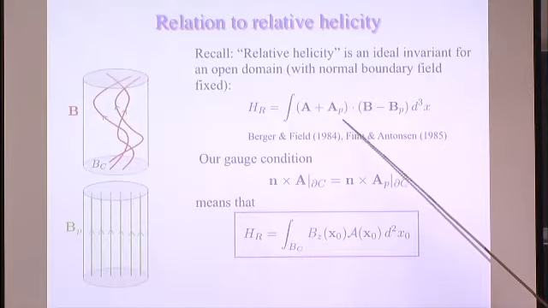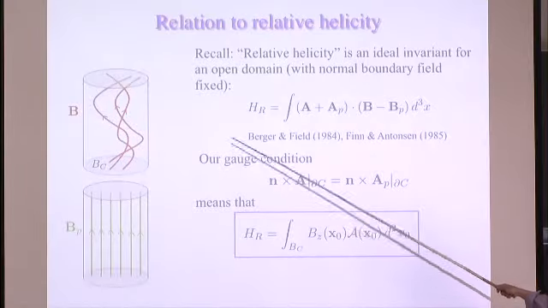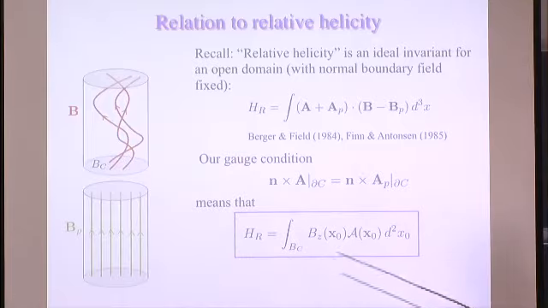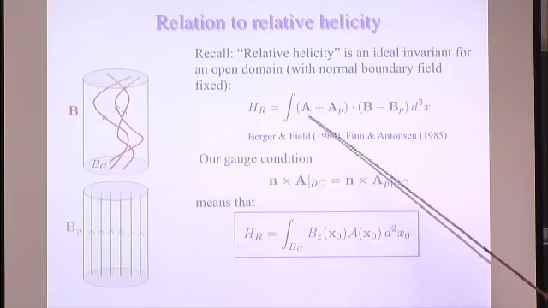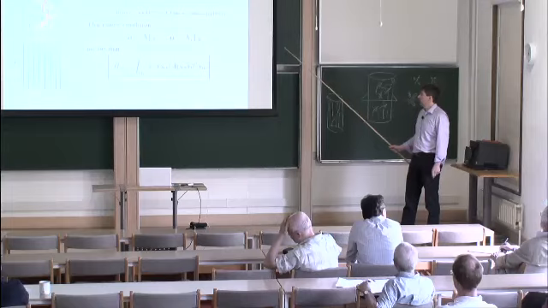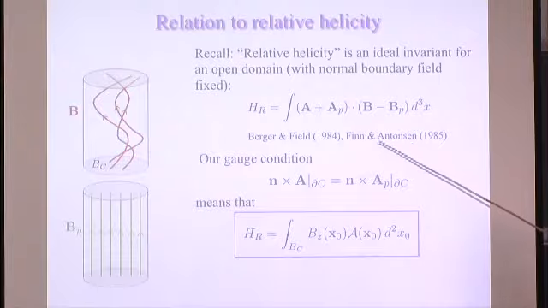It turns out, however, that for our boundary conditions with constant magnetic field on the boundary, this simplifies to the integral of A dot B. So the relative helicity gives you the same value as the standard helicity.